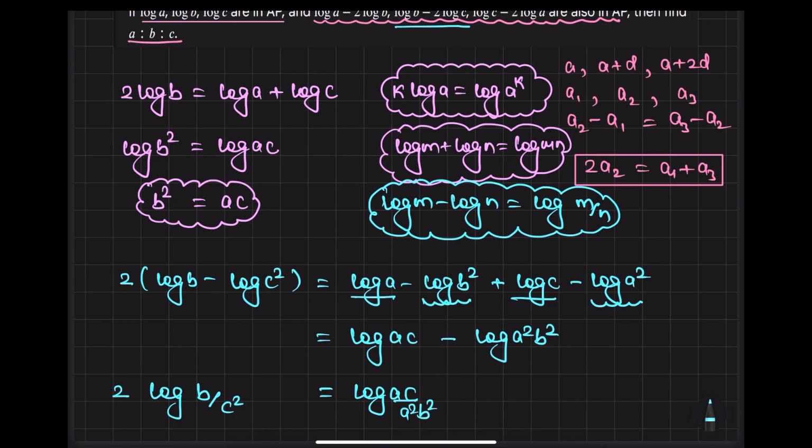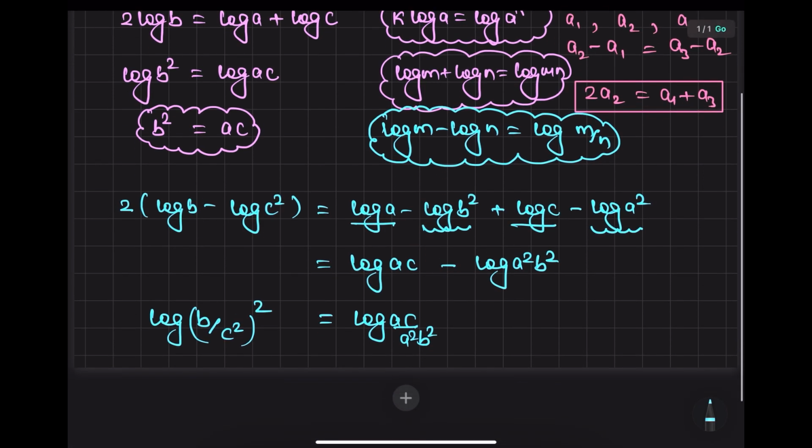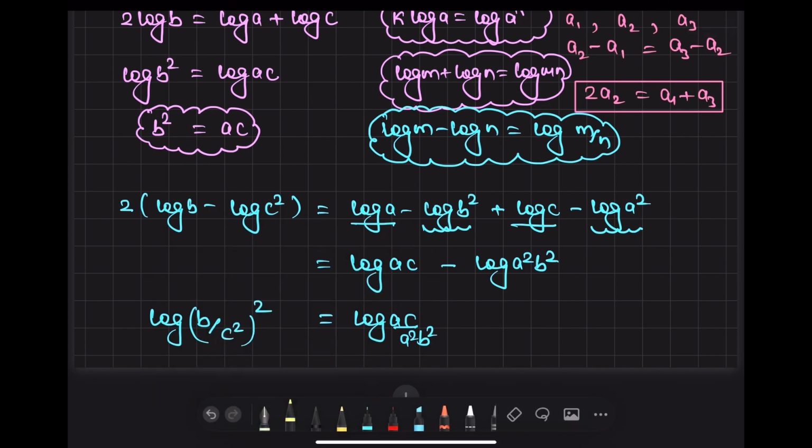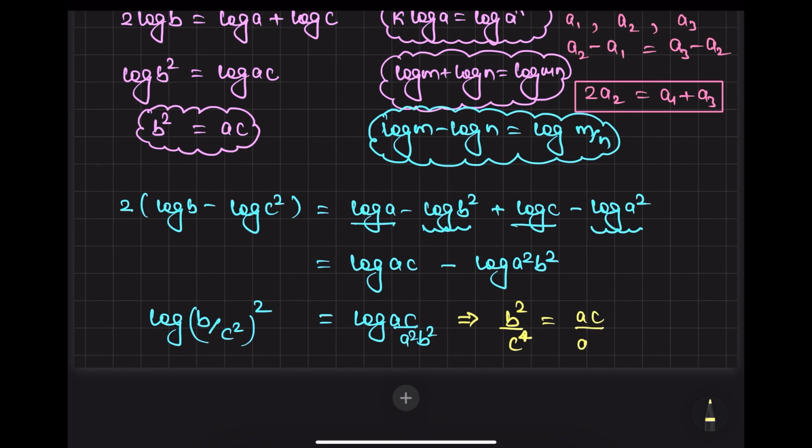Now we can send this 2 to the power, and we can remove the log. So we will be having B square by C power 4 equals AC by A square B square.